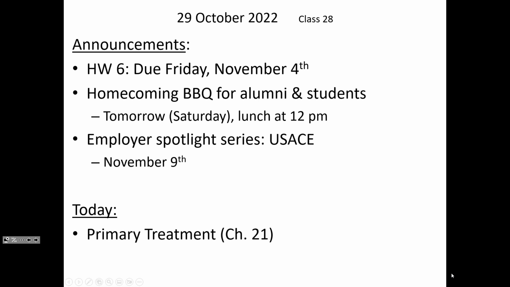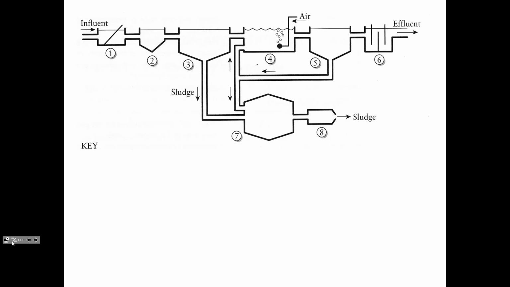All right, we're talking about primary treatment today. Just to set the stage for where things are at, this is a schematic of a wastewater treatment plant, and you can kind of guess what this is because we've talked about bar racks already and screening.